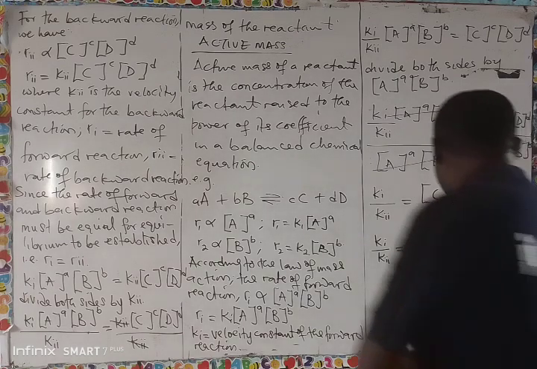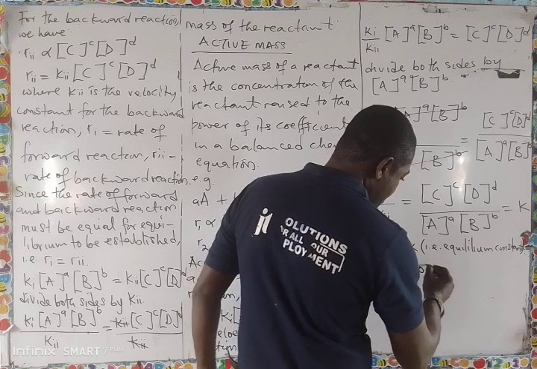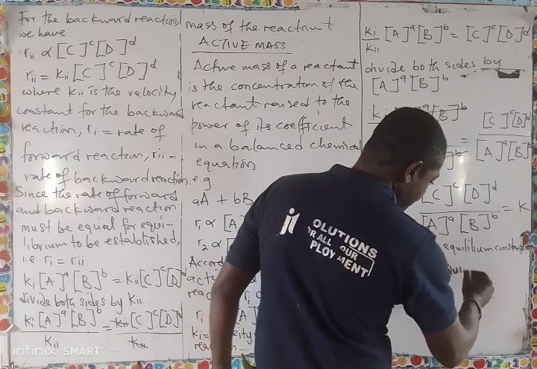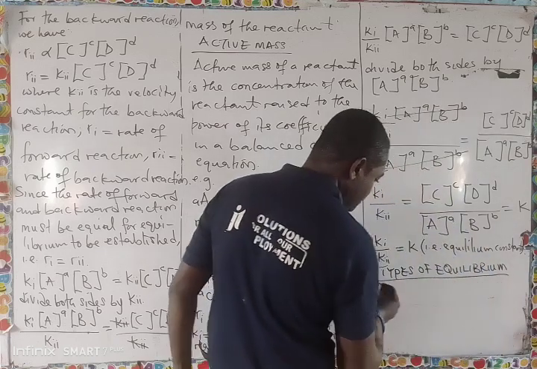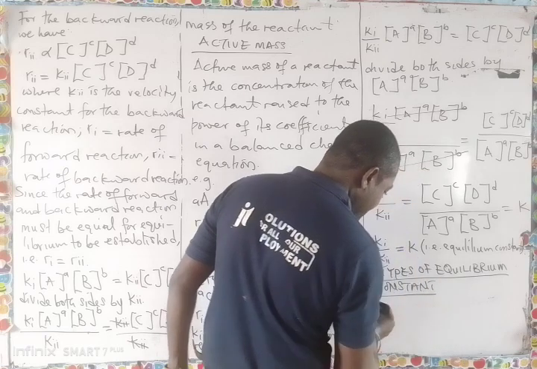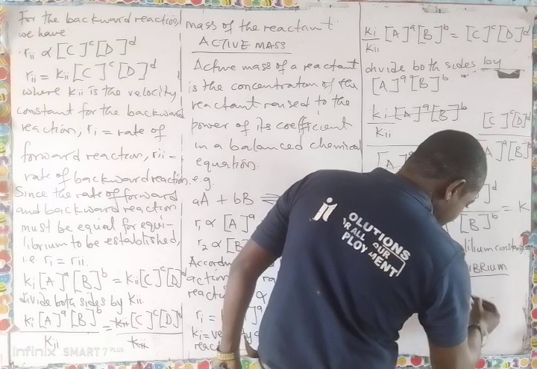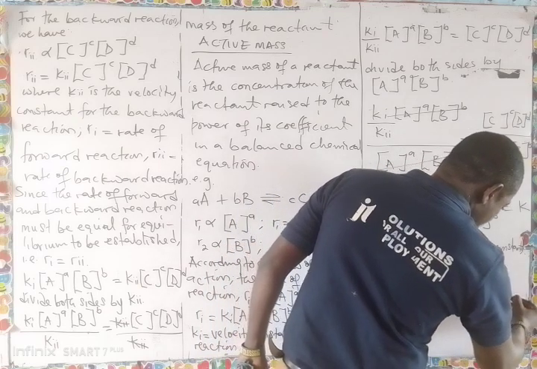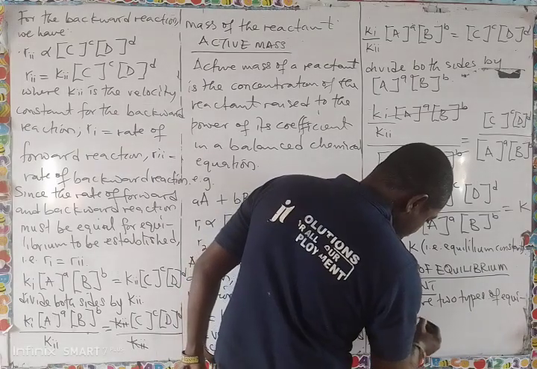Now, types of equilibrium constants. There are two types of equilibrium constants.